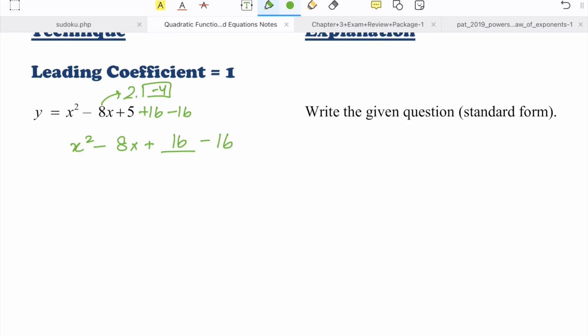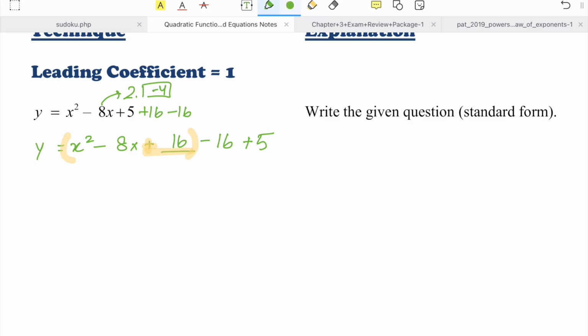So I'll add 16, and y is equal to x squared minus 8x plus 16 minus 16 plus 5. Does that make sense?